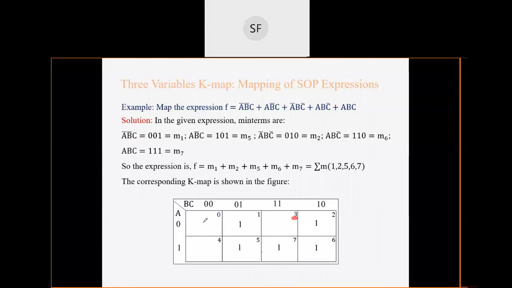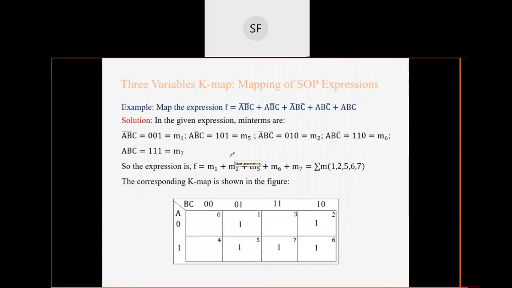You should be able to grasp it, because if you observe the value of A here, it is 0, and the value of BC is 1 1. So what is the decimal equivalent of 0 1 1? It is 3, right? Likewise, you have to first write these minterms here, and that will be helpful to you. Okay.